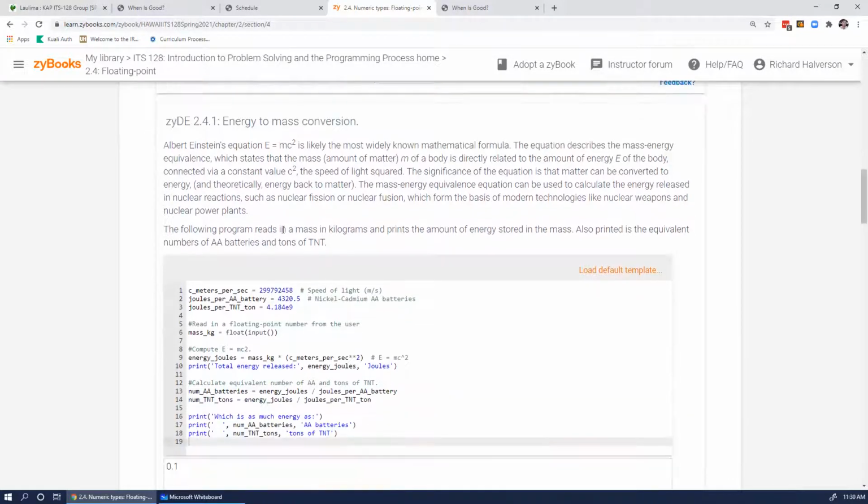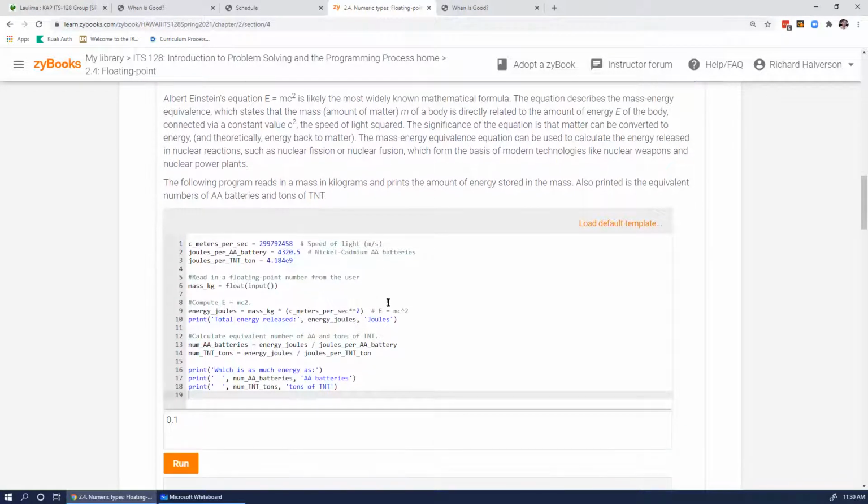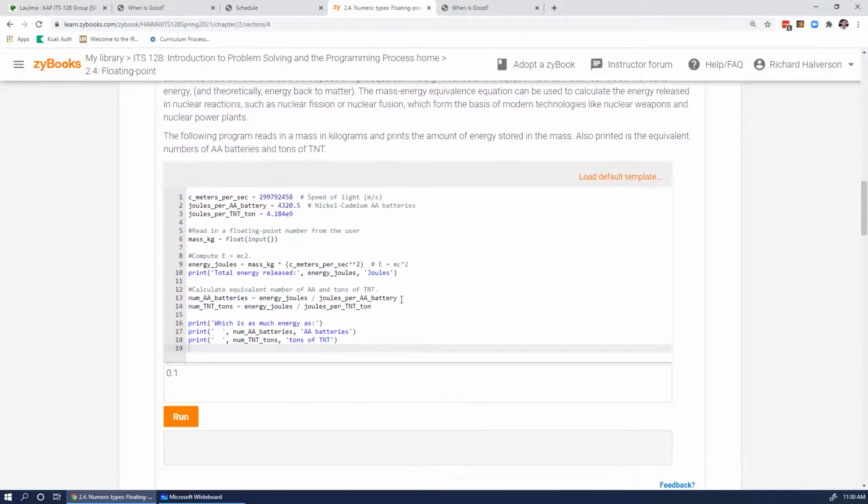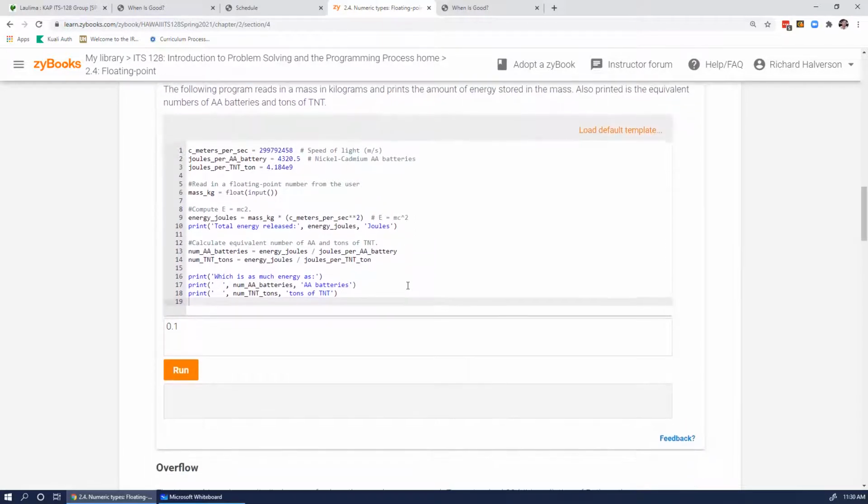There are a lot of these interesting examples in this textbook, and I haven't really looked at this, so I'm not going to say much about it. But I think in the future I'm going to take an advanced look at some of these things, because what this is doing is a real life application where you're computing all these different values related to energy.